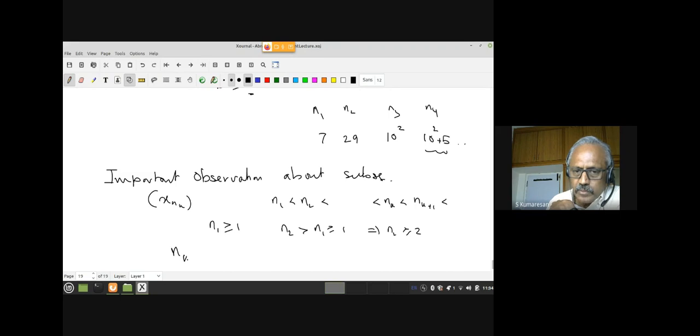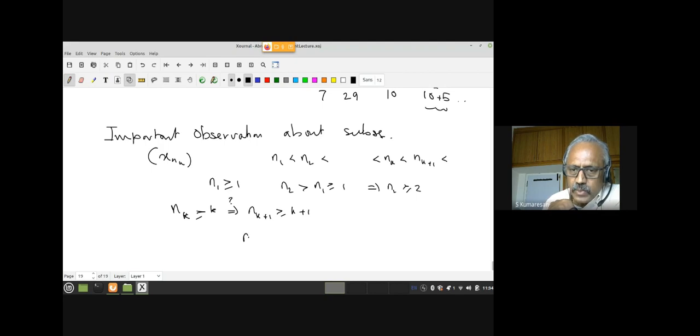Suppose nk is greater than or equal to k. I claim nk plus 1 is greater than or equal to k plus 1 by induction. Why? Because nk plus 1 is strictly greater than nk, but nk itself is greater than or equal to k by the induction hypothesis. Therefore nk plus 1 is a natural number strictly greater than the natural number nk, and nk is at least k.